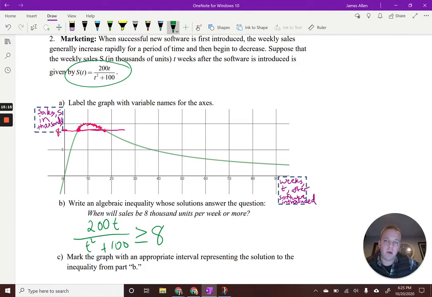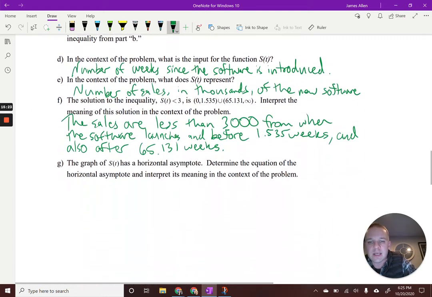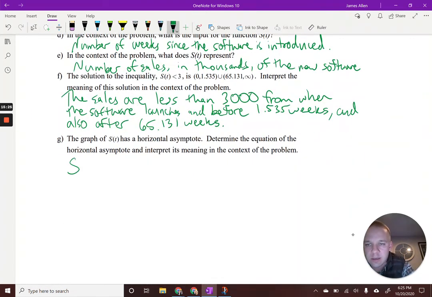So the degree of the numerator is smaller than the degree of the denominator, which means I'm going to have a horizontal asymptote of y equals 0. Since we labeled our axes S and t, I'm going to go with S of t is equal to 0 as my horizontal asymptote. More importantly, what does that mean in the context of this problem?